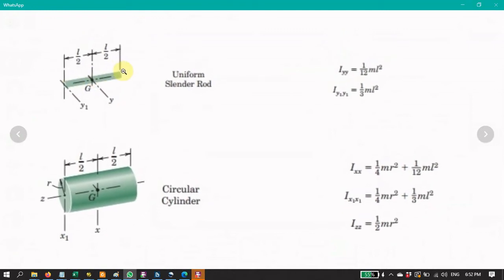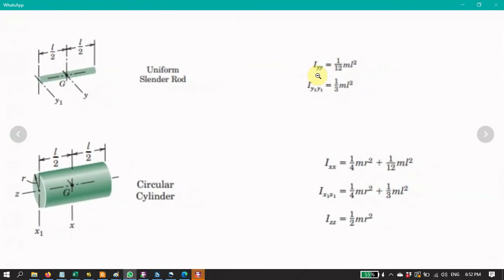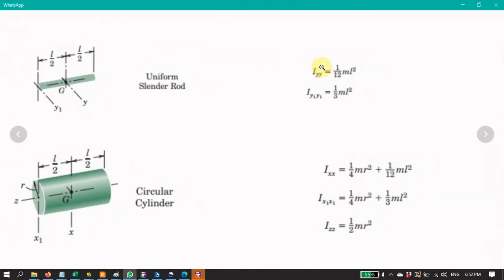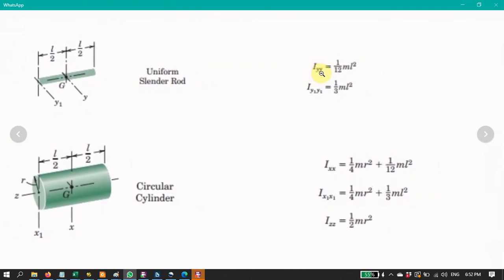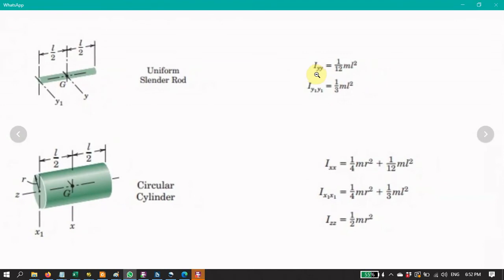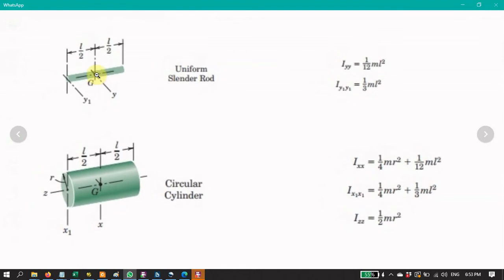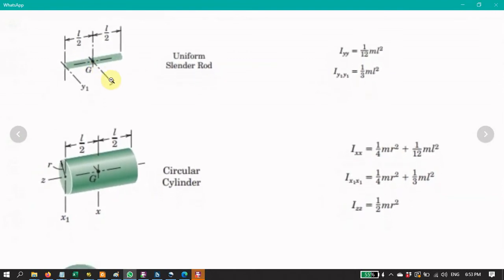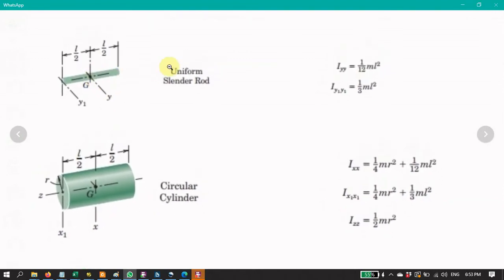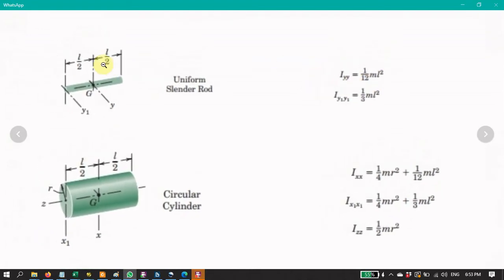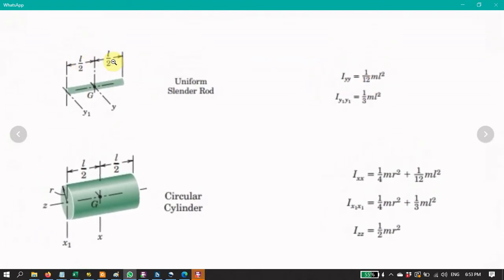This table tells you about the axis of rotation, for example, for the uniform cylinder rod. The moment of inertia about the axis y is 1/12 times mass times the length of the rod, right?